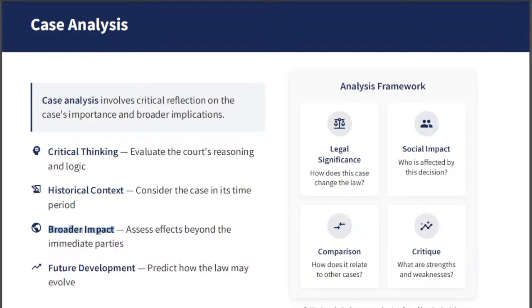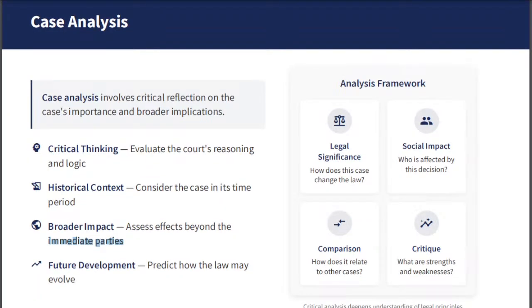So the broader impact, assesses effects beyond the immediate parties. So there's, oh gosh, all kinds of things, moral hazard, all kinds of other impacts that might go beyond the direct parties or the immediate parties. Future development, predict how the law may evolve.